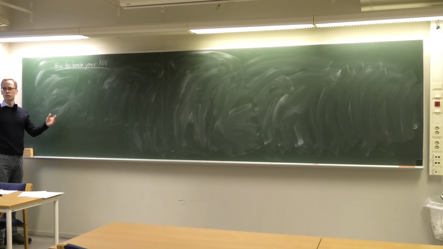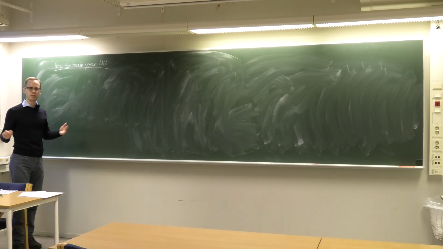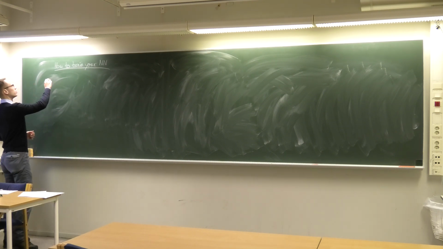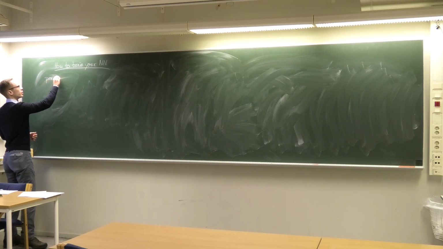So we have some neural network with weights and biases and so on. That's our parameters that we can adjust.